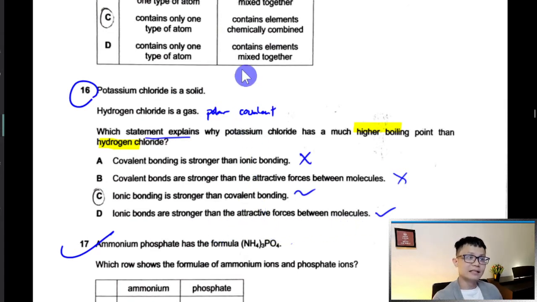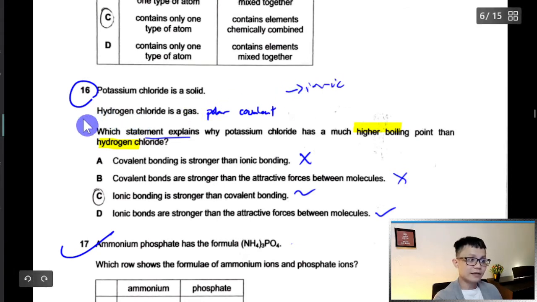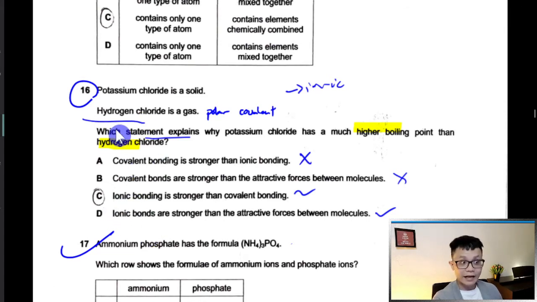The reason is this is ionic bond. If hydrogen chloride were covalent, I probably would say C. But hydrogen chloride is not ionic, it is not purely covalent, it is called polar covalent. So it's between ionic and covalent, but we call it polar covalent.